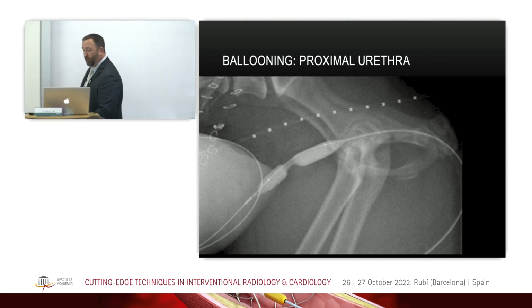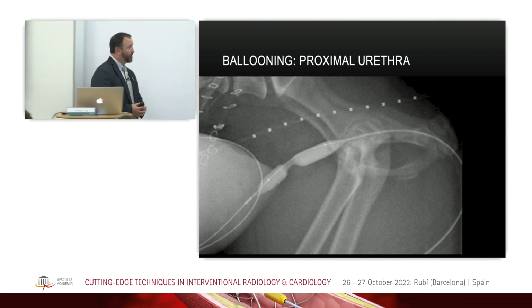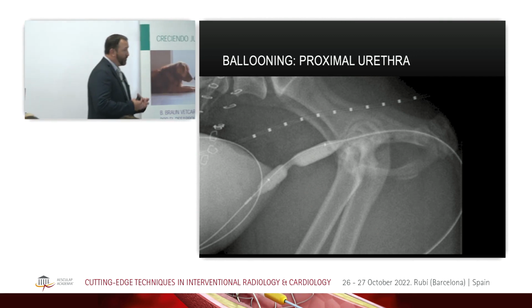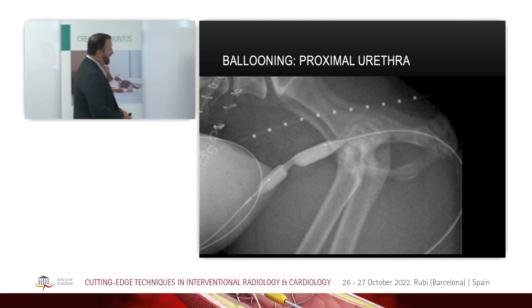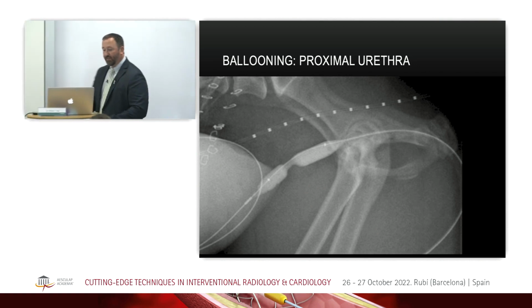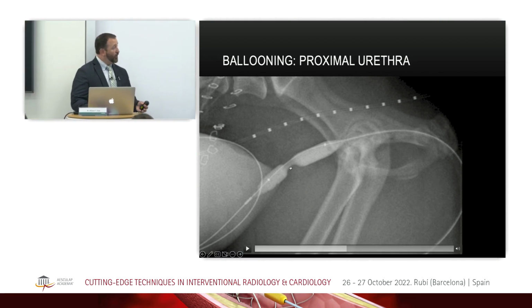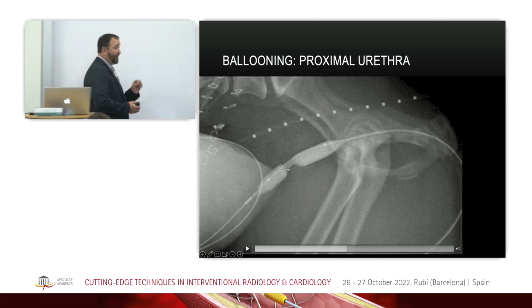And oftentimes we'll use cardiac balloons, which you'll probably hear about some tomorrow, the ones they use for valvuloplasty, because you really need those high pressure balloons in there. Any balloon that gets the job done. And so at this level, if we open this balloon to this point, you could say, okay, a dog could urinate out of that level of stricture. Yes, it could at this point.